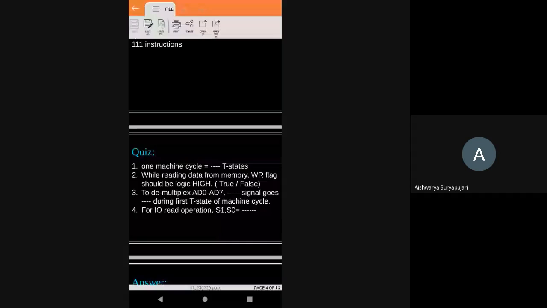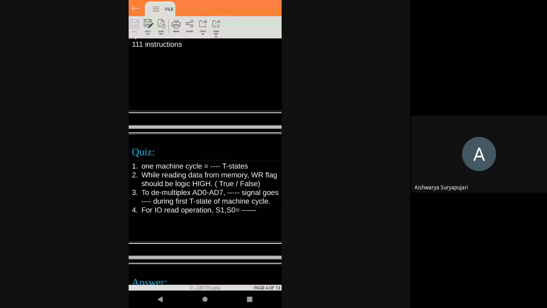Okay, still no one is trying to give the answer for that. For the fourth, let us go for the IO read operation. For the IO read operation, that is input output read operation, the status of S1 and S0 should be dash and dash.